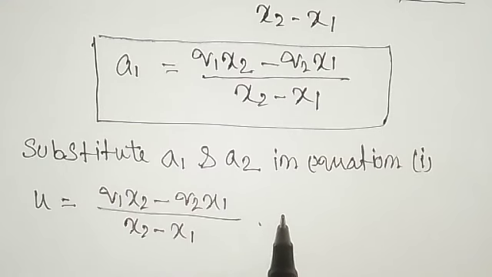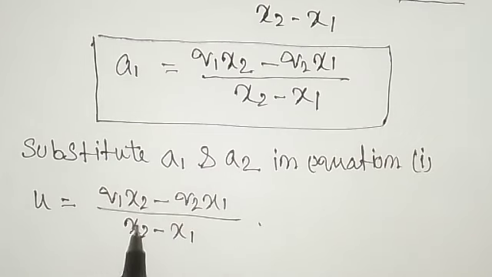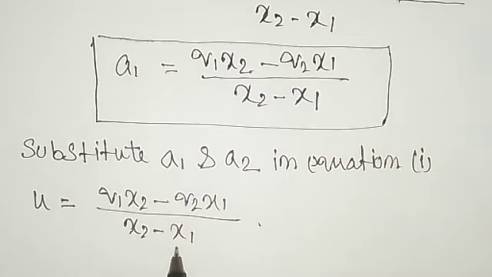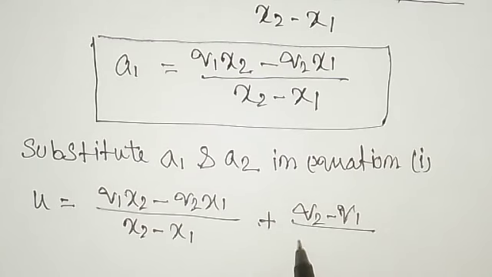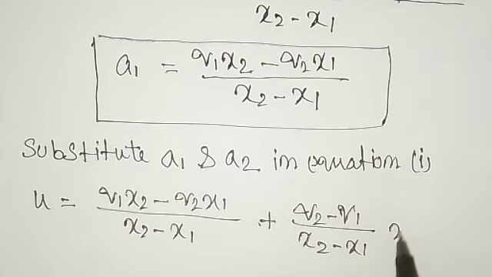So further, u is equal to a1 plus a2x, that is q1 x2 minus q2 x1 by x2 minus x1, plus a2, which we got as q1 minus q2 by x1 minus x2, that is q2 minus q1 by x2 minus x1, into x.